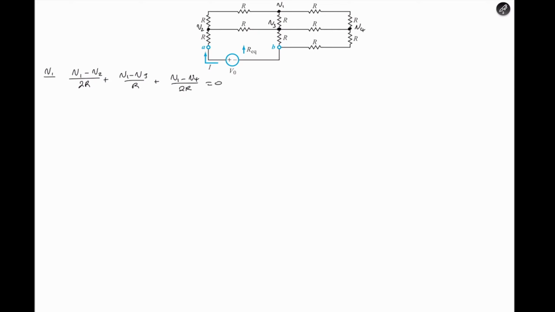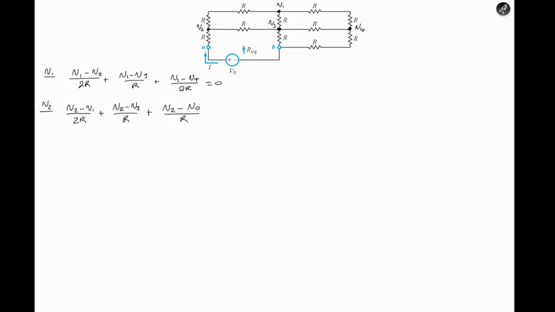We then move on to terminal 2, where we say V2 with reference to V1 all over 2R, plus V2, we're just going backwards, with reference to V3 all over R, plus V2 with reference to V0, and that's the source voltage, and we see that we have a 1 R resistor in that branch.